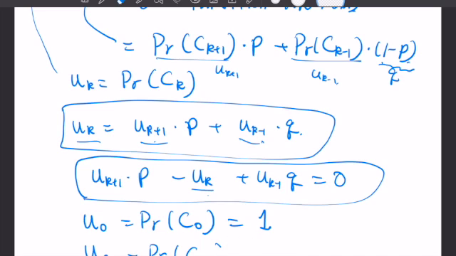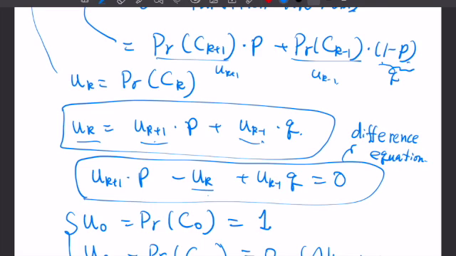So this probability should be equal to 0, because Alice is never ruined. Okay. So we want to solve this difference equation. It's not a differential equation, it's a difference equation, with these boundary conditions.